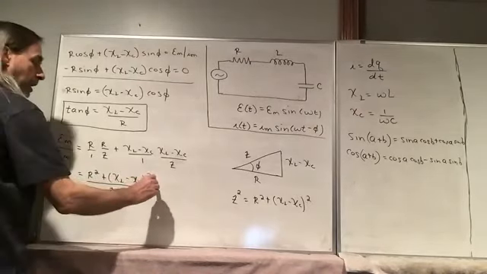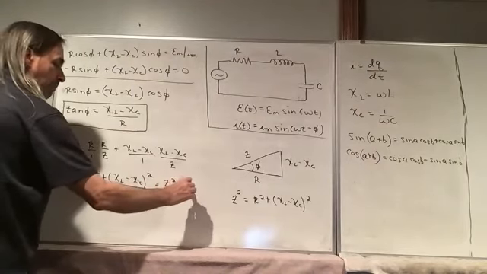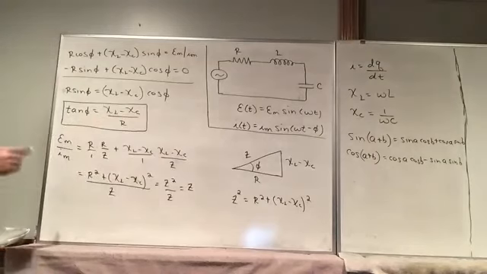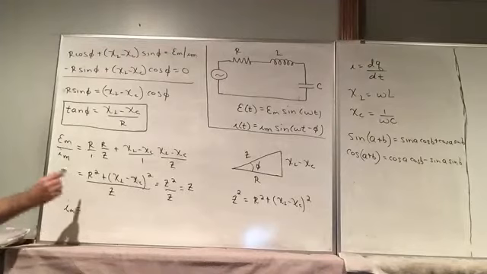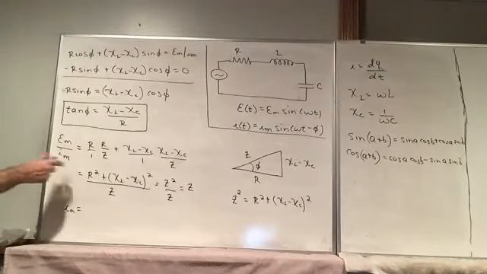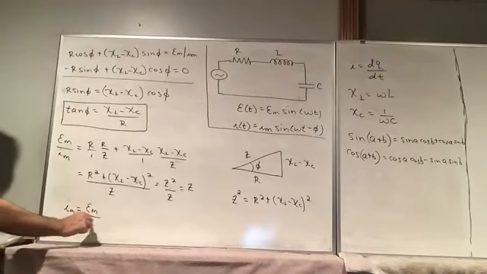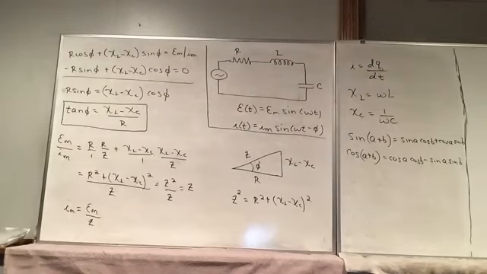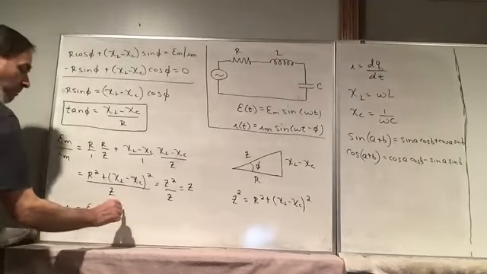So we have z squared divided by z, or just z. So if we solve for the peak current, then we have the peak EMF over z, and now we're done. We can write it more completely like this.